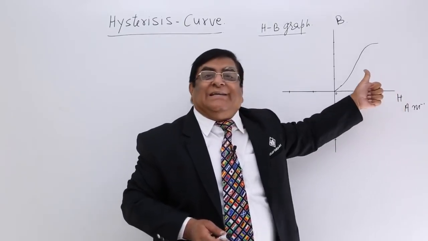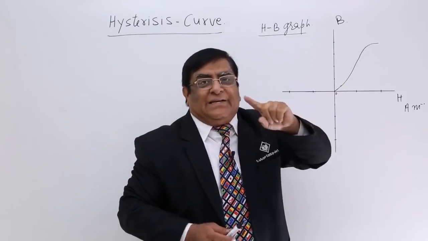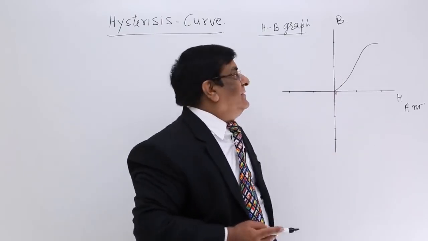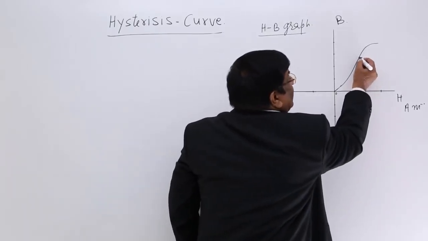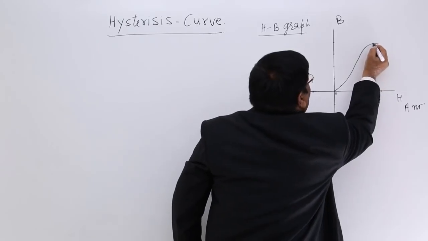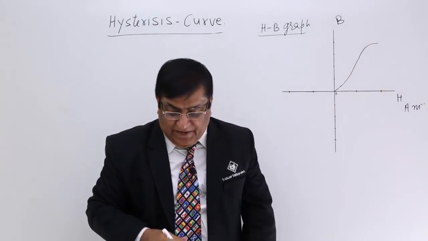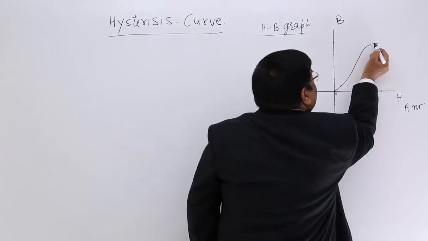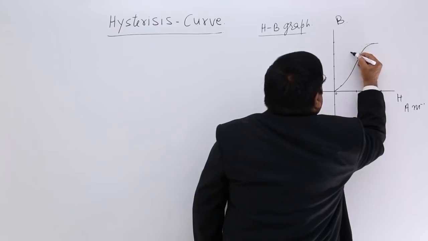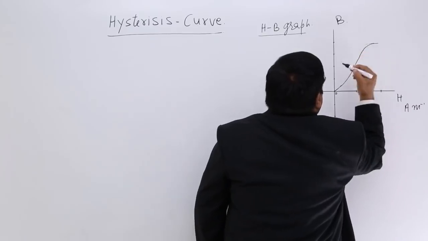That is H we have already increased. Now we are decreasing H. When we decrease H, we find B is also decreasing, but the same values are not repeated. It comes down this way, through this point, this point, this point.